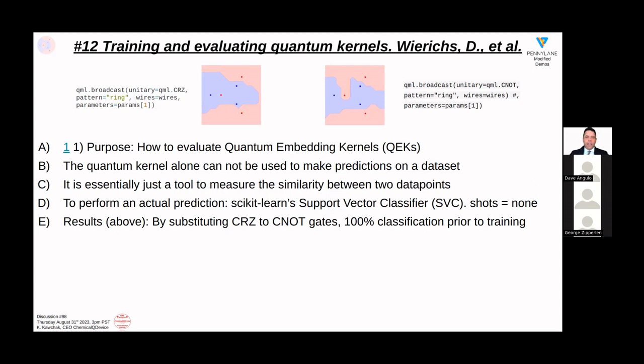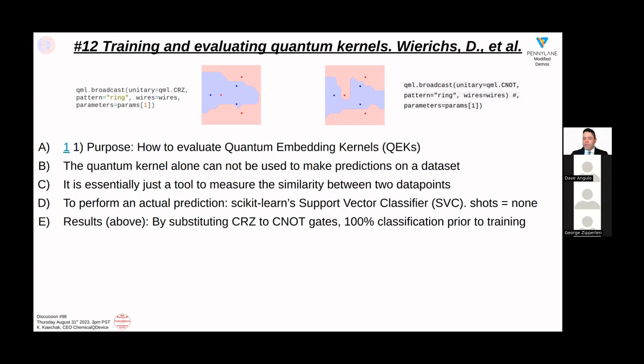So I changed the CRZ, which is a controlled RZ gate, into CNOTs, which are also two-qubit gates. They substitute quite well, and on my landscape, I got this. That's all I had to do.